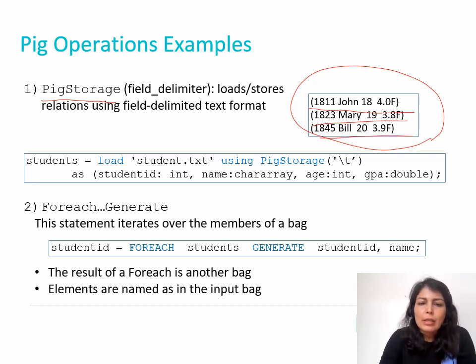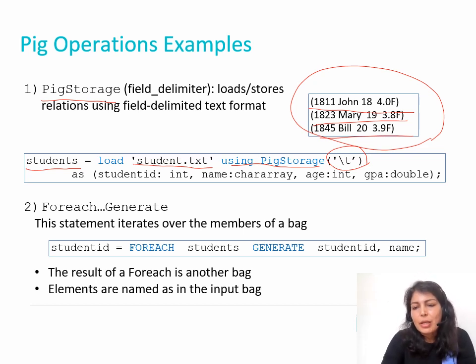So in this example, students, we want to load data from student.txt, which is a text file, using PigStorage, and this parameter is the delimiter between elements. As you can see here, between each two elements, the delimiter is a tab in this example, so we write tab here. So we want to read data from student.txt, and the delimiter between elements is tab.